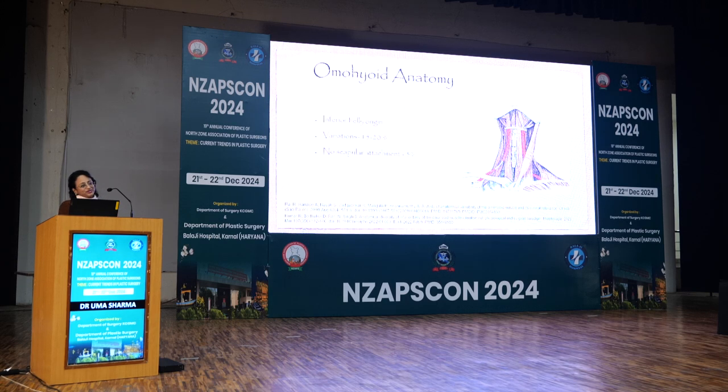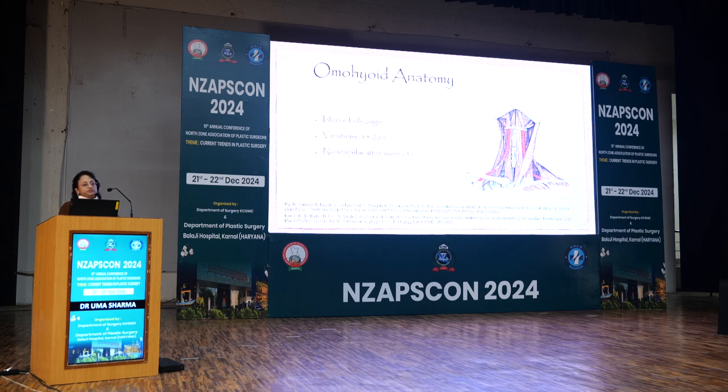Now, coming to what this paper is about, the omohyoid muscle. It originates from the medial aspect of the suprascapular notch. Sometimes, like in anatomy and everything else, there are variations.